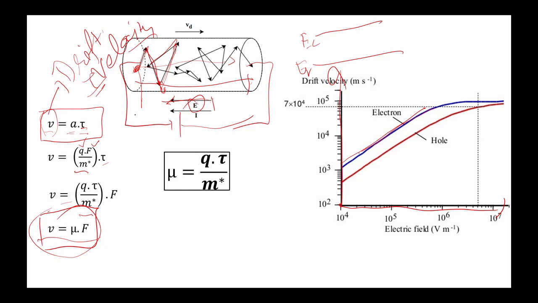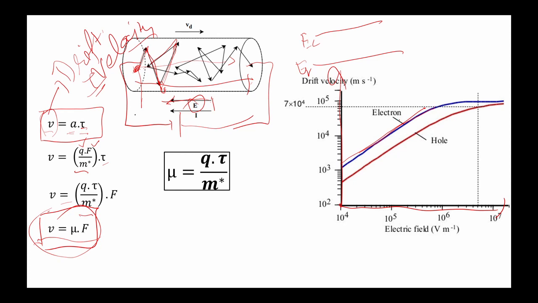Drift velocity is directly proportional to the electric field, but only up to a certain limit, because velocity cannot go to infinity as we apply the electric field. So we will come to the low electric field and high electric field regimes.